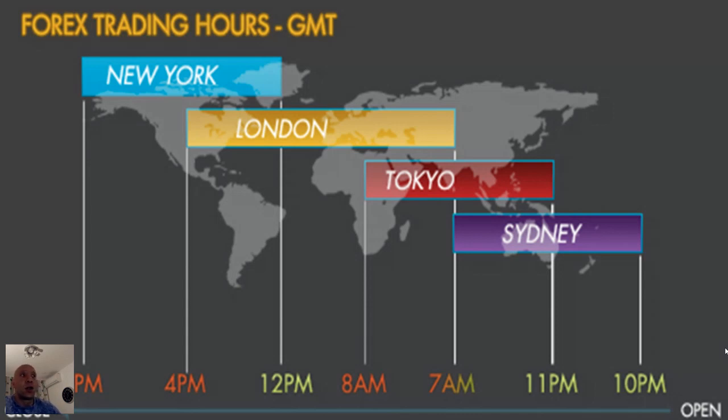We have New York, London, Tokyo, and between New York and Tokyo there is the Sydney, Wellington session, and between the Tokyo Asian session and London there is the Frankfurt open. So basically we are focused on the New York, London, and Tokyo sessions. Sydney and Wellington sessions are out of the question.